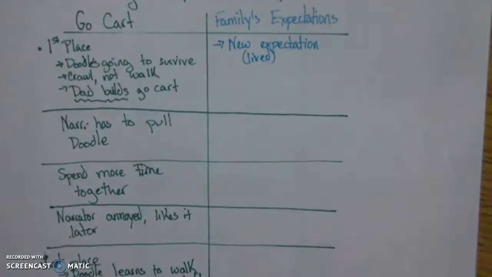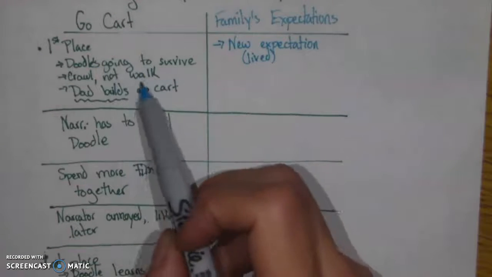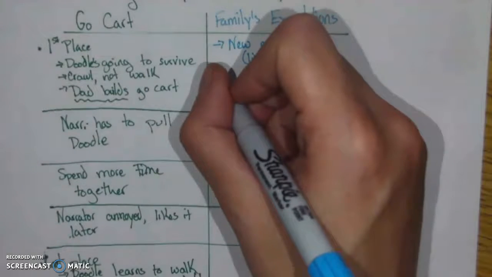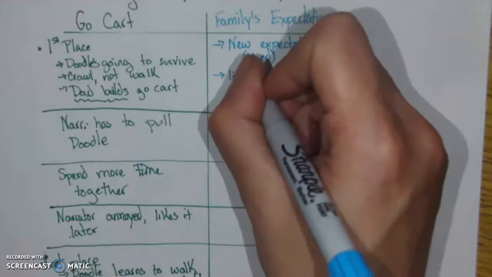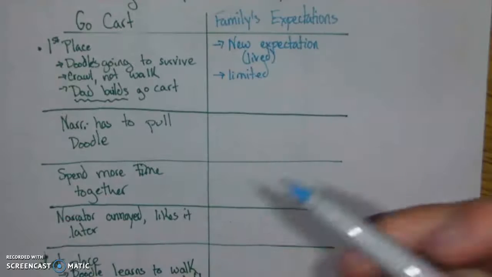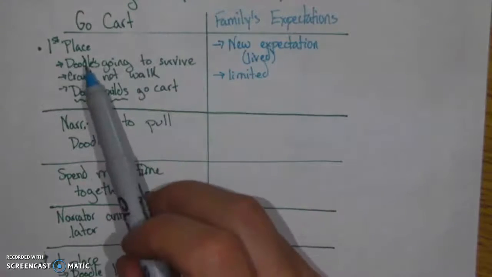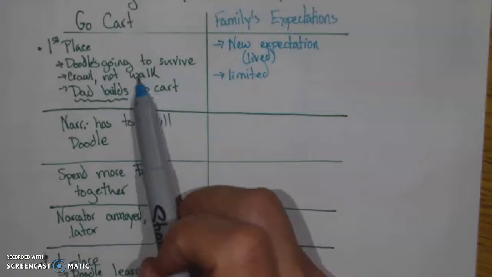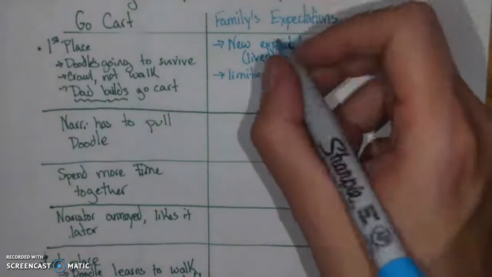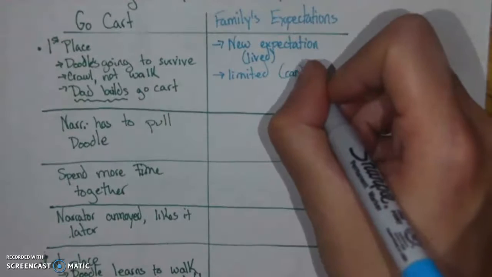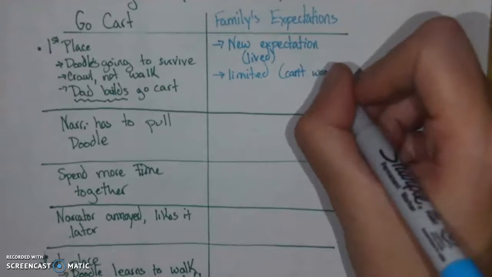Then you now have to come up with new expectations for him. And these new expectations are still limited, right? Because it's not just that he's now the same as them. It's believed that he can't walk. So he's not going to be quite normal yet.